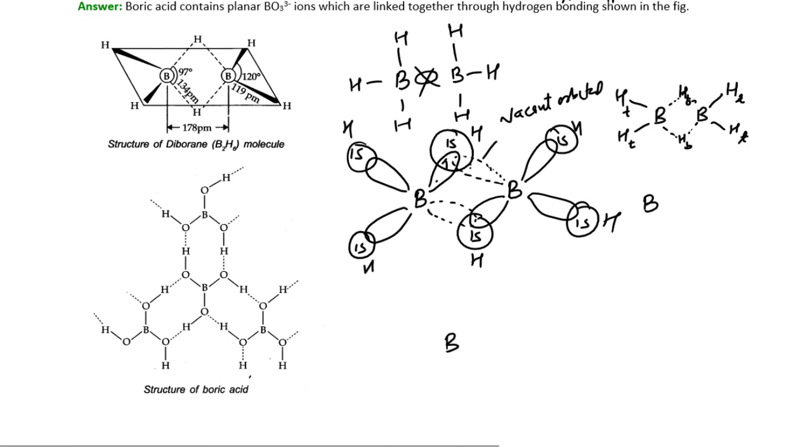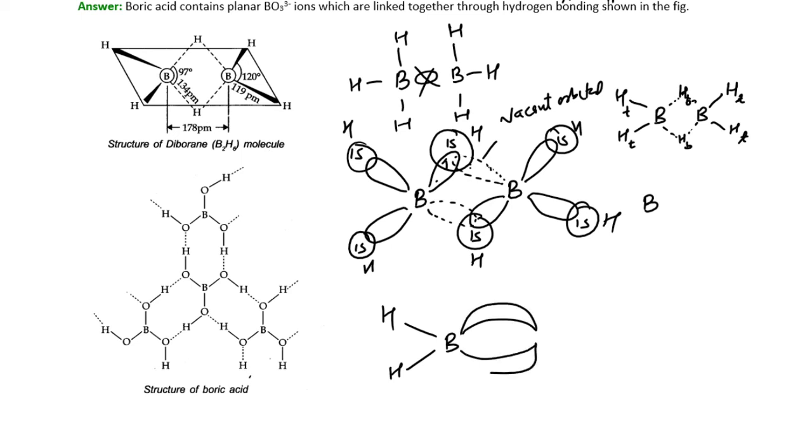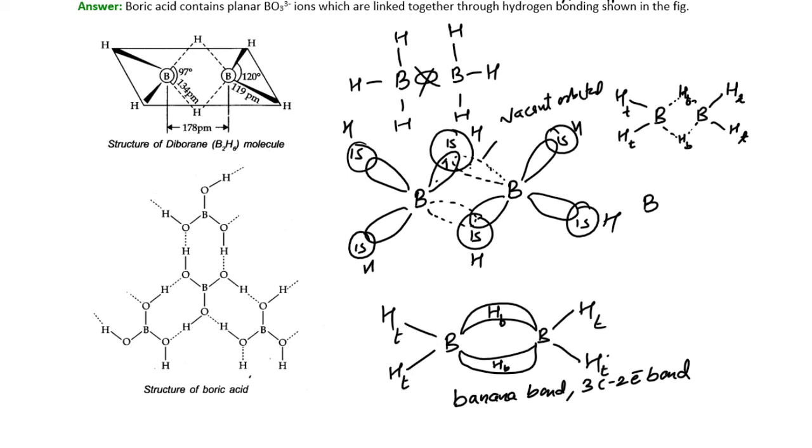This is called a banana bond. Three center 2 electron bond, okay, and these terminal bonds are 2 center 2 electron normal bonds, and in between they are 3 center 2 electron bonds, and these 3 center 2 electron bonds are longer than the 2 center 2 electron bonds.